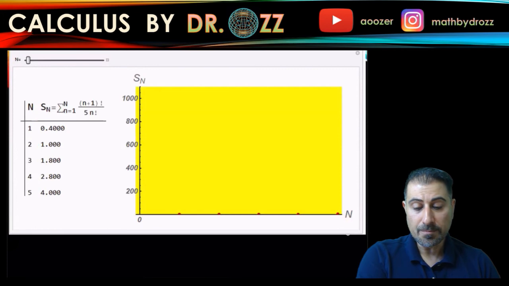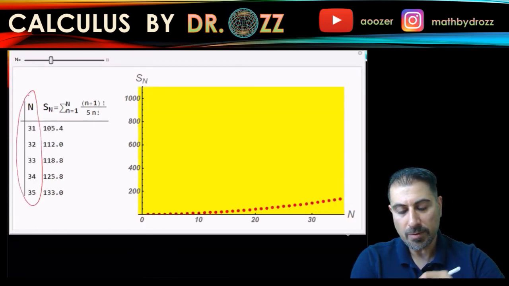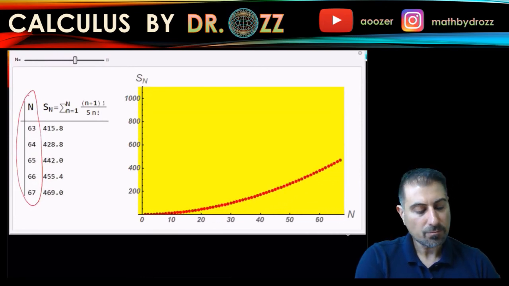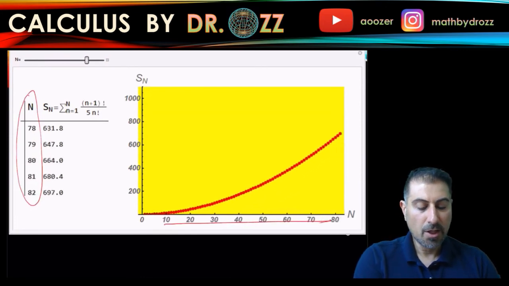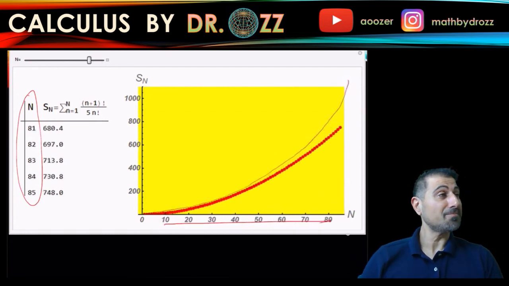And for the second one, it's the same deal. This time I have n going all the way from 1 to, let's see, 100. And the corresponding values are increasing exponentially, as you see.